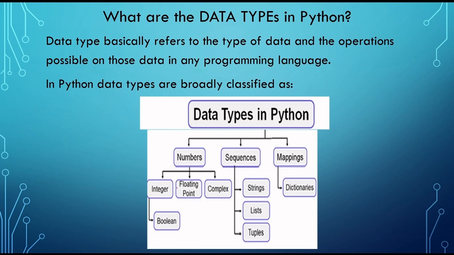Under numbers, we have the integer, floating point, and complex. Boolean is also treated as an integer because, like I showed you earlier, when a Boolean constant, a true or a false, is used in a mathematical expression, it's substituted with a 1 and a 0 respectively. So internally, a Boolean literal is treated as an integer. Under sequence data type, we have strings, lists, and tuples, and under mapping, we have dictionaries.